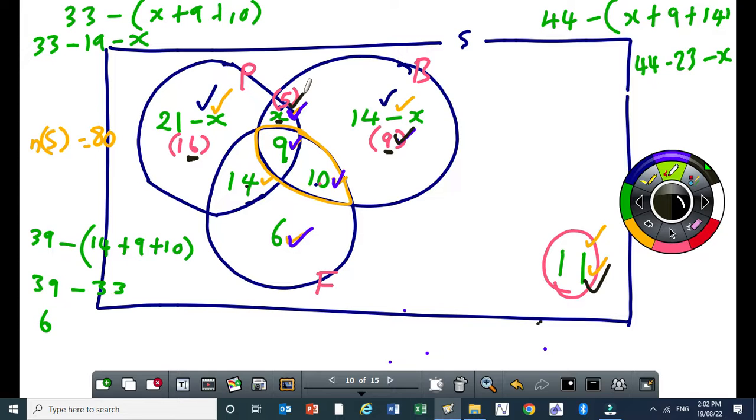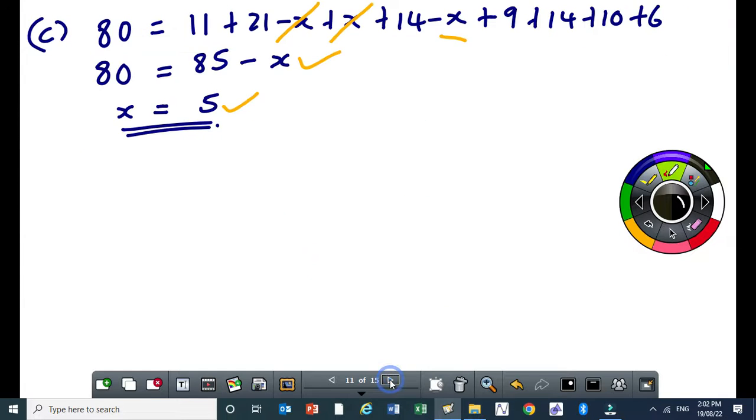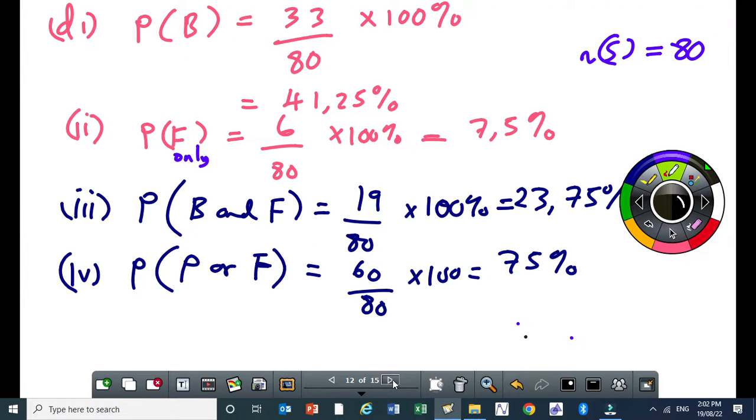Though they like pap and vegetables, they also like burgers. Then these 9 plus these 14, these 10 here, and those 6. So we add all of them. Now if you do the math, you will find that we have got 16 here for pap only plus those 11. You add the 2, you get 27. Then you subtract from 80.